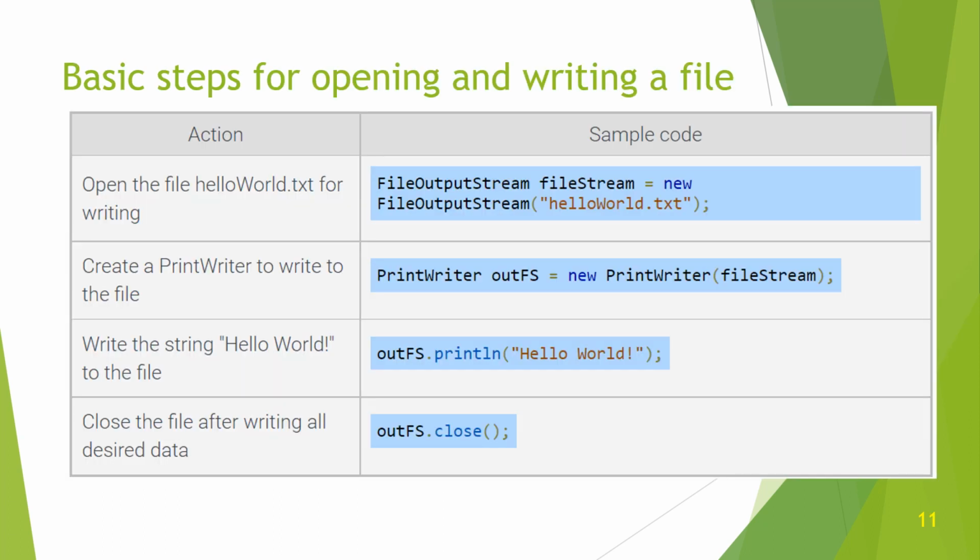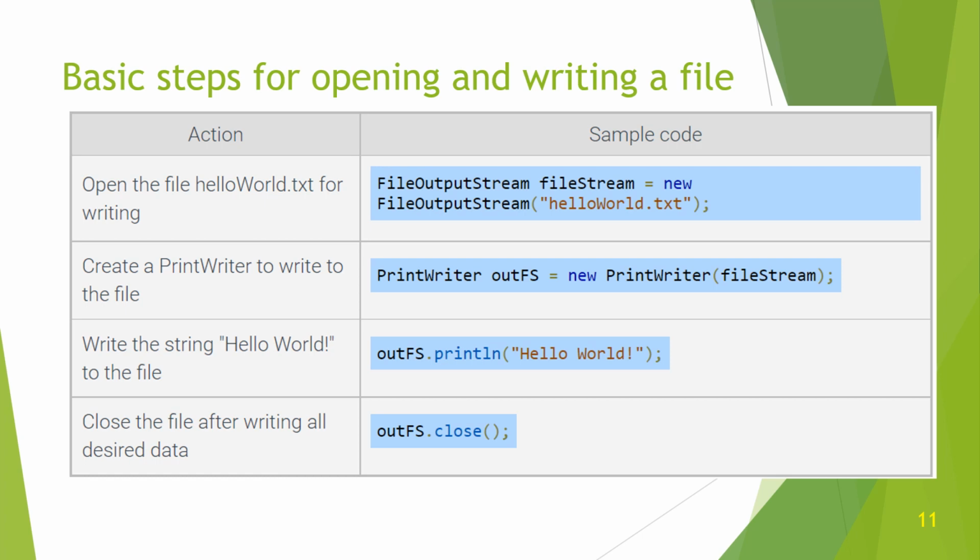Basic steps for opening and writing a file. This is the action that we're trying to do, and this is the sample code. To open the file helloworld.txt for writing, we use FileOutputStream fileStream equal to new FileOutputStream helloworld.txt.